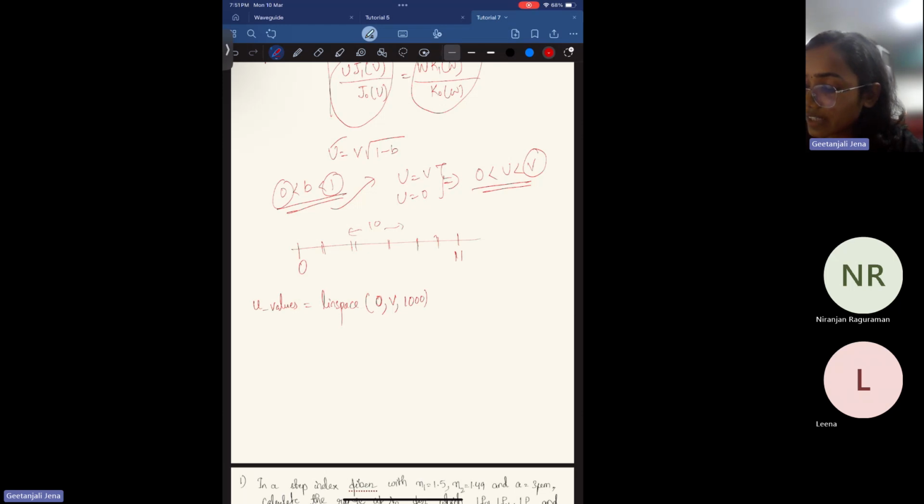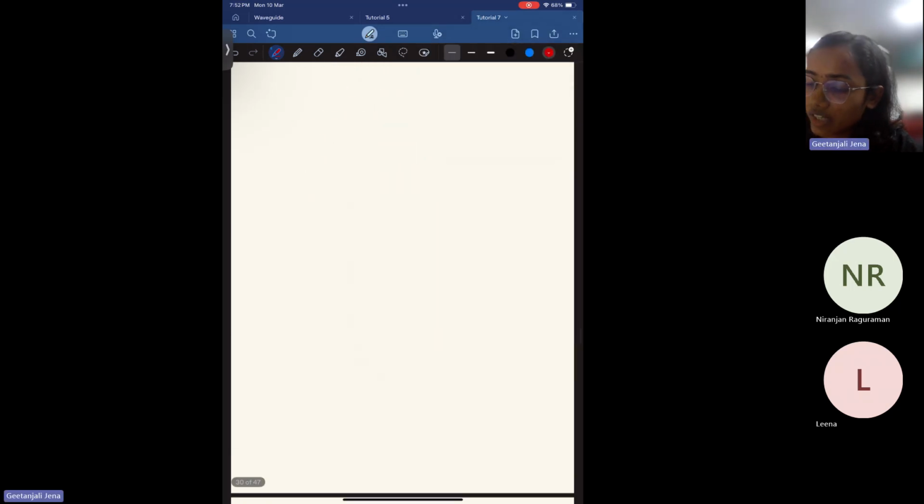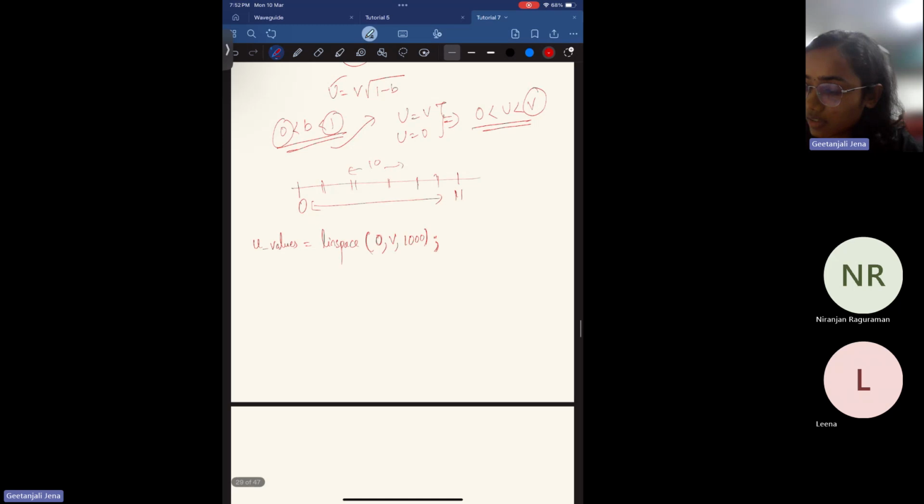This will divide the range into equal parts and store these values of U. This is to find the U values to solve the transcendental equation.